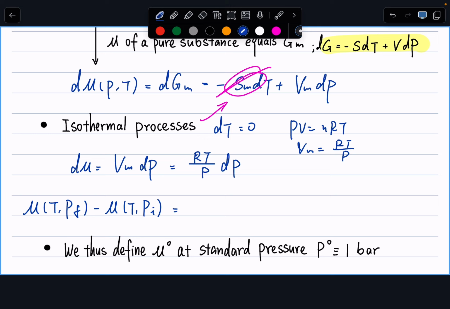That gives me the integral from P initial to P final. We solve that integral, we get RT ln P final over P initial for an ideal gas. Right, so these should be a very quick review of what you already know.